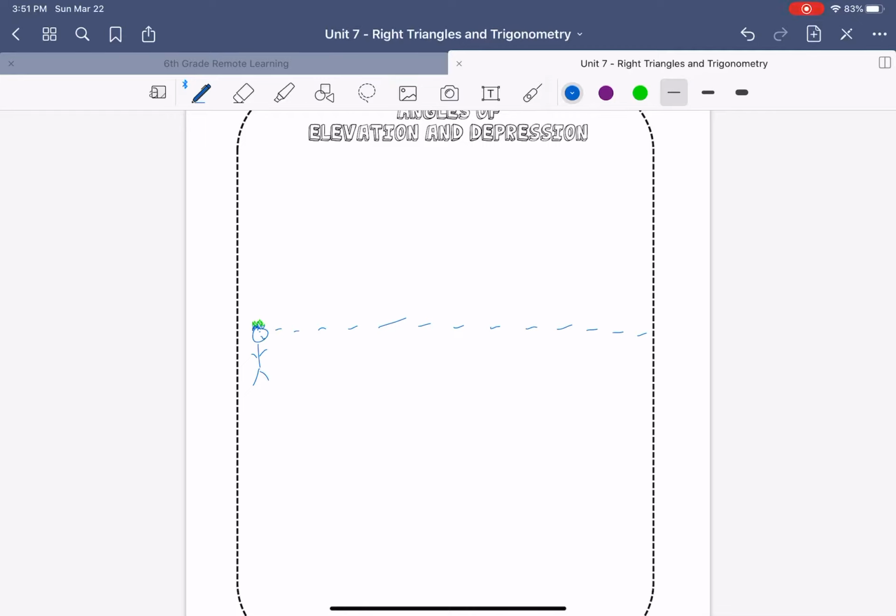So angles of elevation and angles of depression are based on line of sight. So let's say we're walking down the street and we hear an airplane above us flying into the airport.